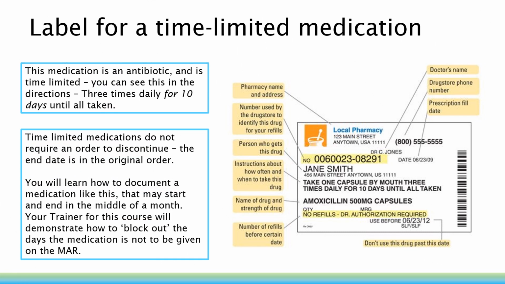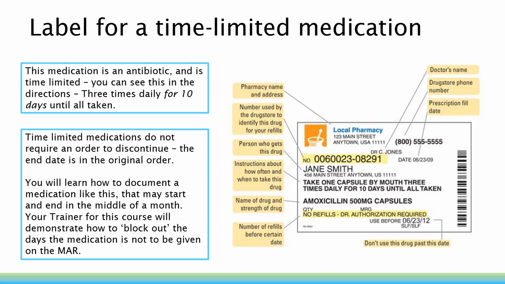A label for a time-limited medication. This medicine is an antibiotic. It is time-limited. You can see this in the directions: 3 times a day for 10 days until all are taken. Time-limited medicines do not require an order to discontinue.